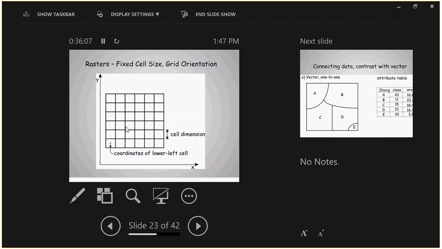We only need the coordinate for one of the cells. Usually it's the lower left cell, but some different data formats might store the upper right cell or the upper left cell. Okay? We only need the coordinates for one. Why? Because everywhere else in there we can get the coordinate.